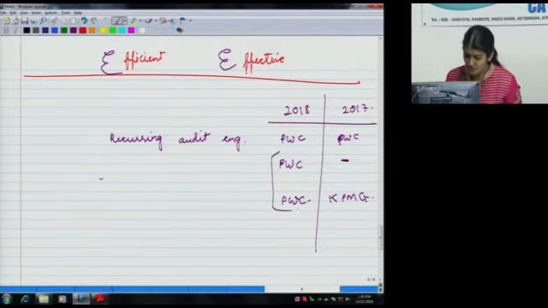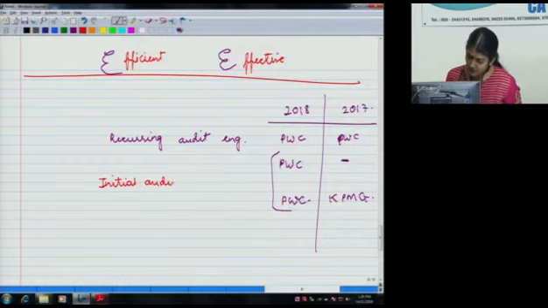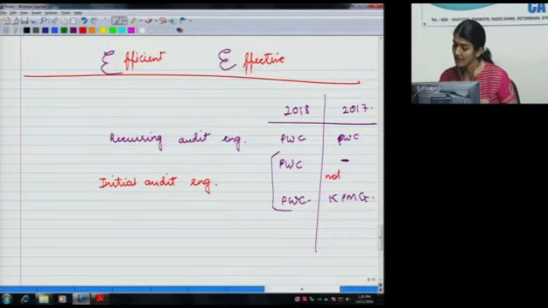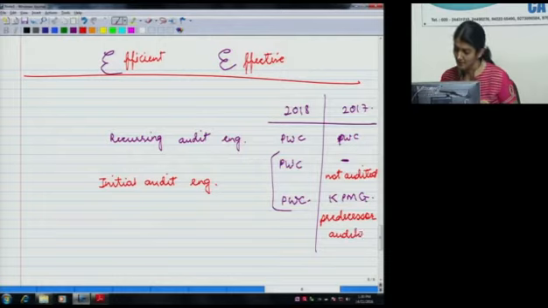So these two are instances of initial audit engagements where either the last year was not audited or it was audited by a predecessor auditor. Is that okay for everyone?